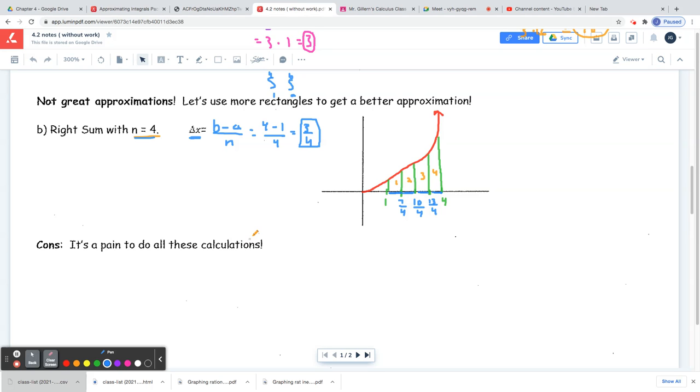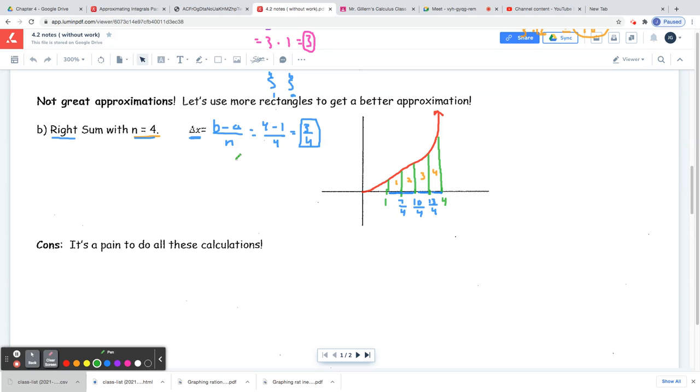Okay. What I want now is the right sum, which means we're going to use the right side as my height. If I look at rectangle 1, my left side has an x coordinate of 1, the right side has an x coordinate of 7/4.